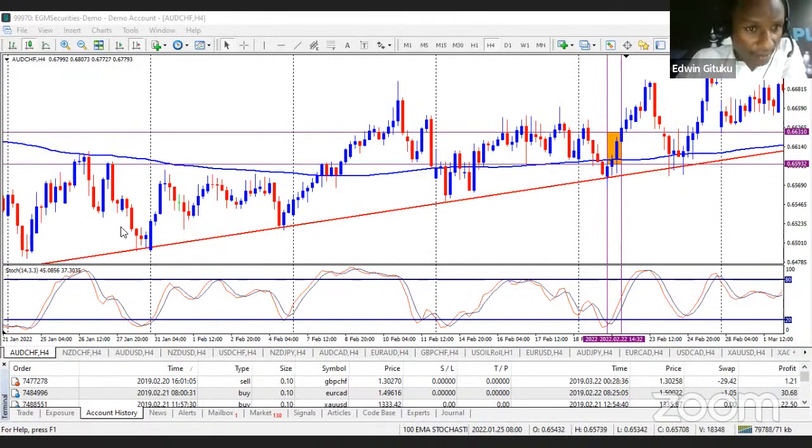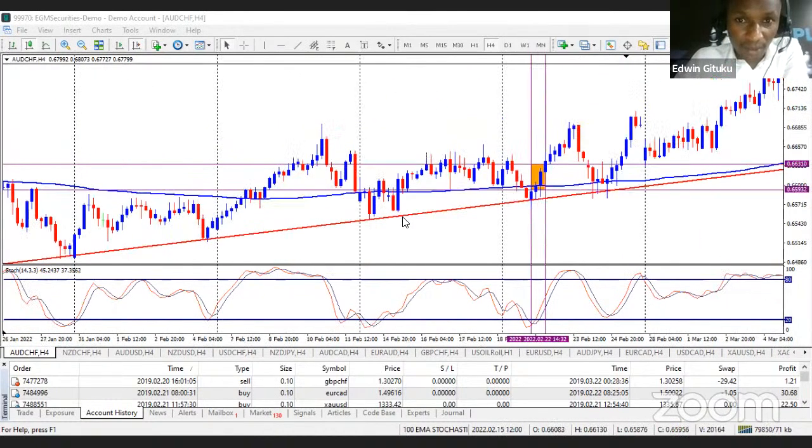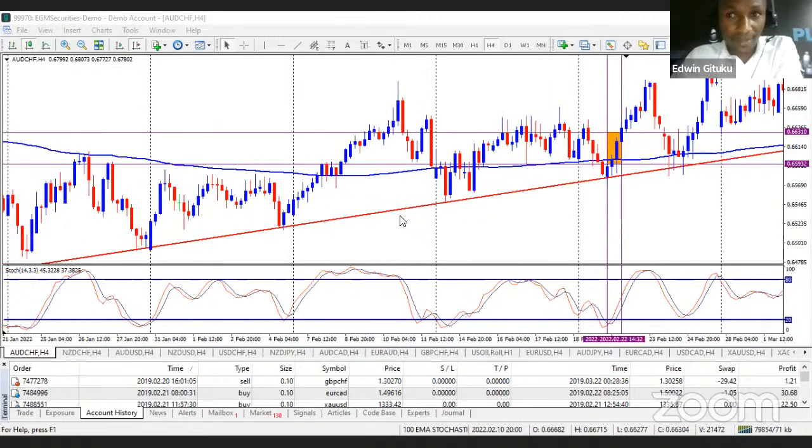So here we could actually draw a trend line and connect multiple touch points along this trend line. So we have multiple price touch points along this ascending trend line. This trend line is sort of confirming to us where price is headed. So we are on an uptrend. Generally within this context, we would be looking for a buy setup.